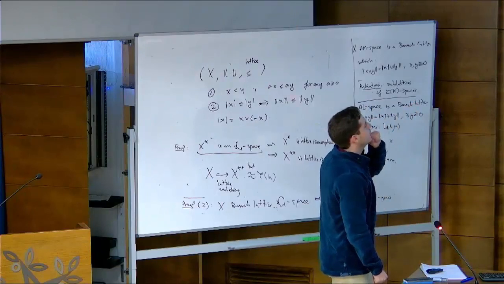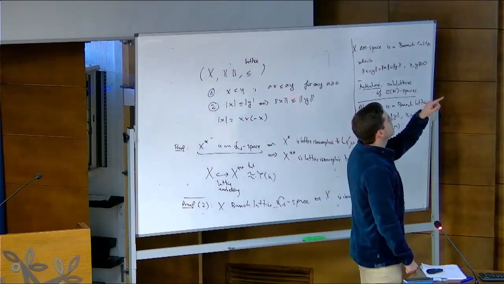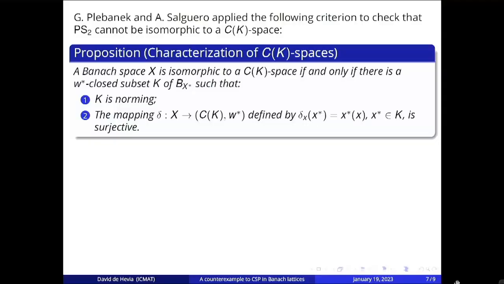The criterion that they use to check that their space cannot be isomorphic to a C(K) space is the following. A Banach space X is isomorphic to a C(K) space if and only if there is a weak star closed subset K of the unit ball of X such that K is norming and the mapping delta X. Okay, I will write.